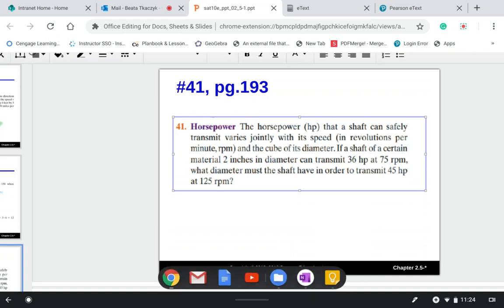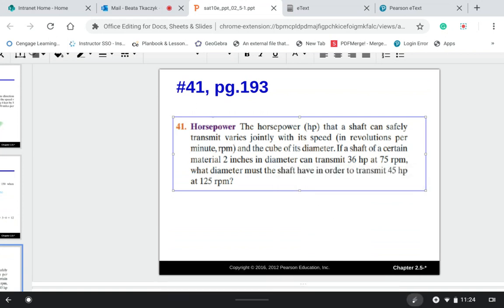So here they're asking what diameter, so we need to find D, must a shaft have in order to transmit 45 horsepower. So horsepower is equal 45 at 125 revolutions per minute. So the speed, circular speed, is 125. So we need to find the D when H is equal 45 and S is equal 125.